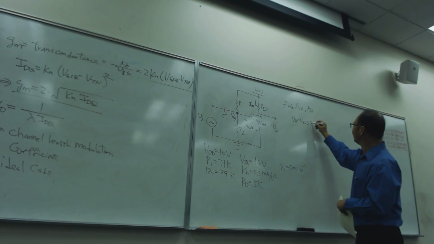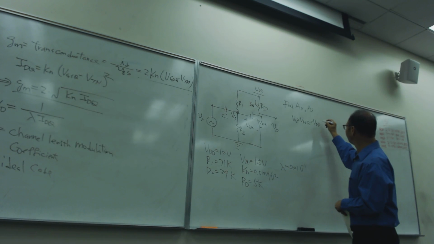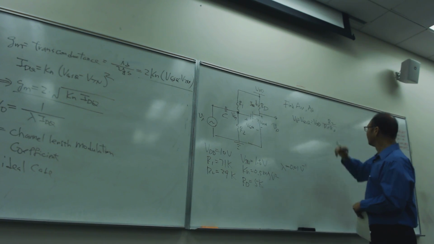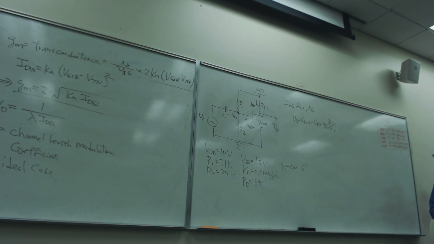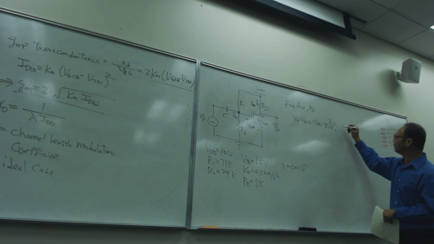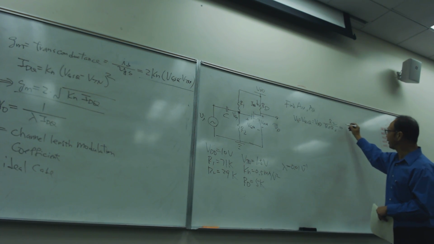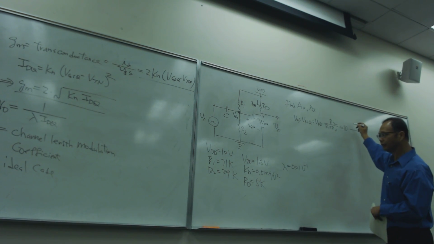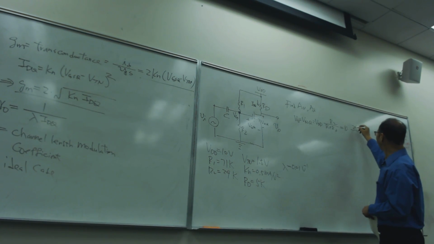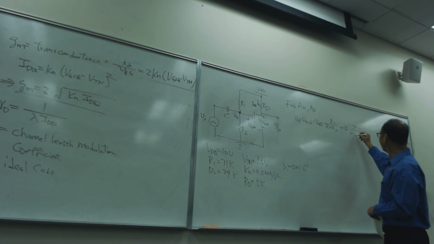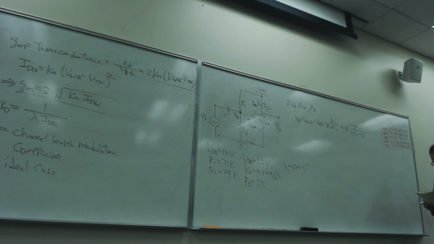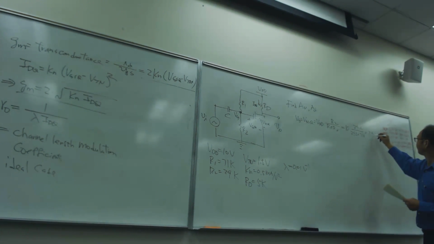According to the voltage divider rule, that is equal to 10 times 29K over 29K plus 71K, so I get 2.9 volts.